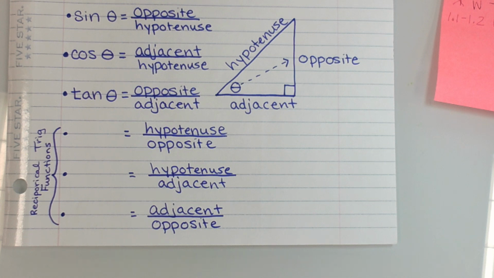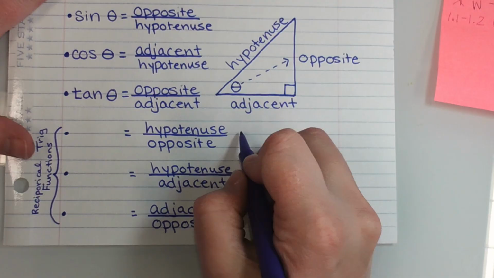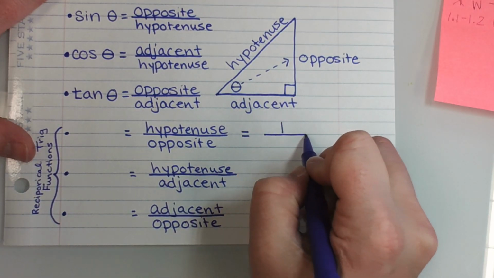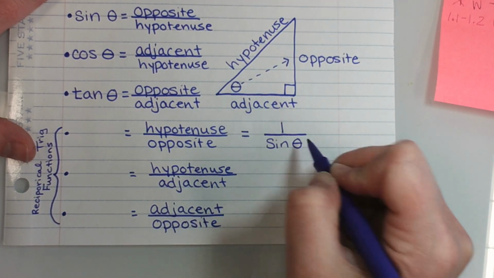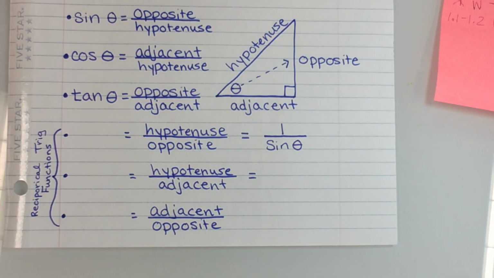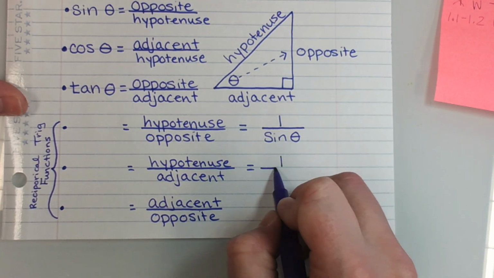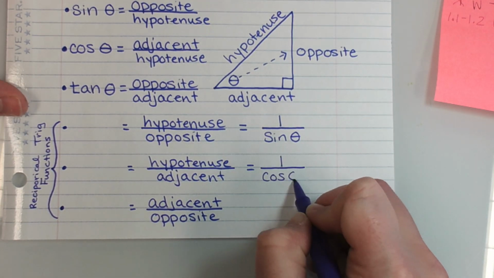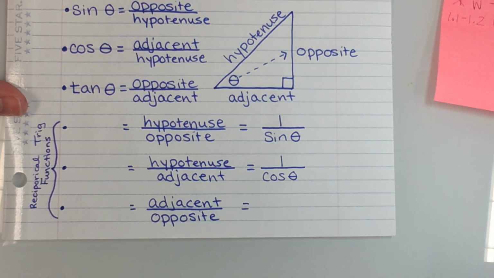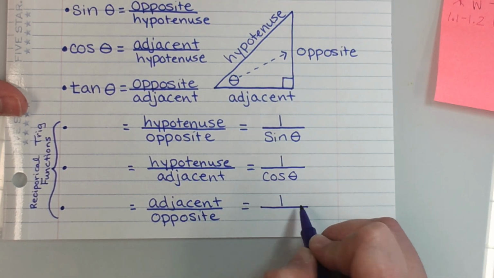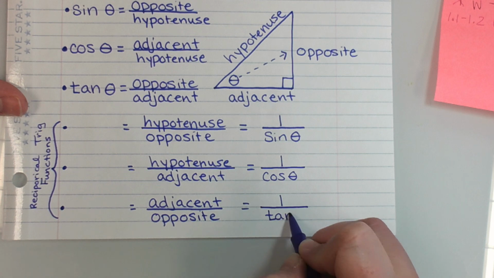What's the reciprocal then of sine? 1 over sine. That's one way to write out its reciprocal. So this one is technically 1 over sine of theta. Hypotenuse over adjacent is the reciprocal of which one? Cosine. Therefore, it is 1 over cosine of theta. Adjacent over opposite is therefore 1 over tangent of theta.